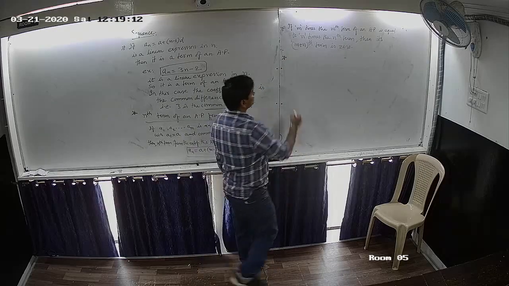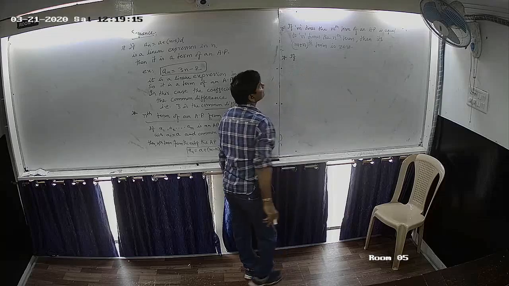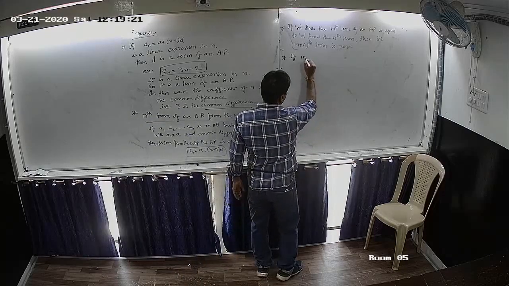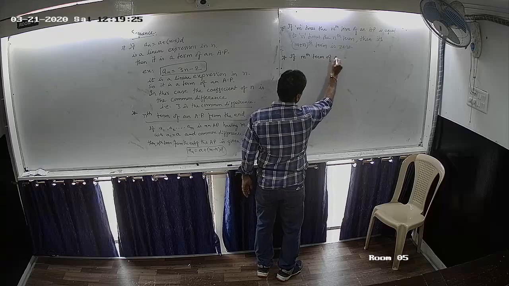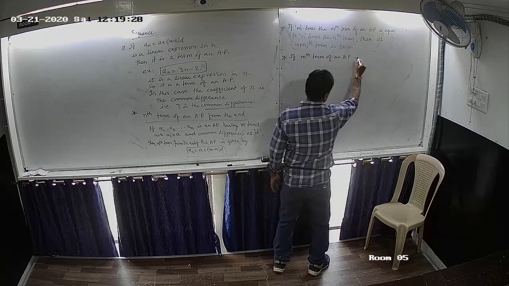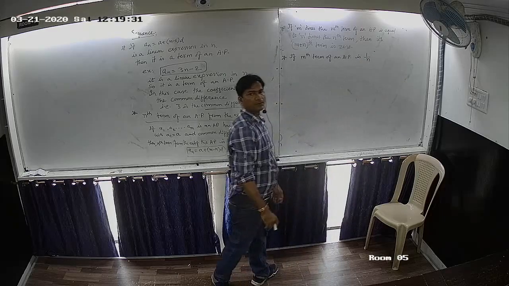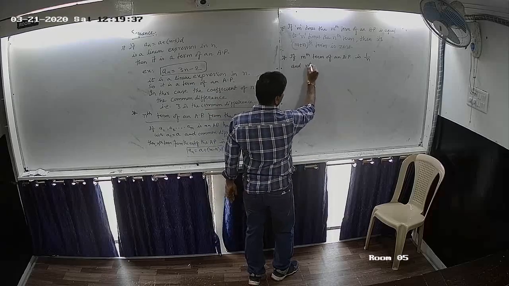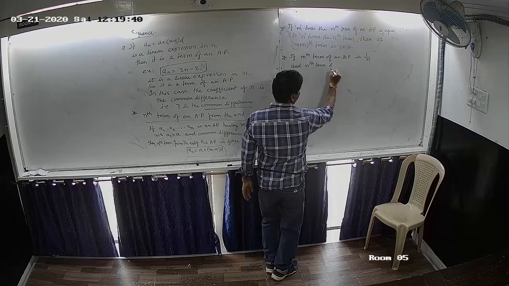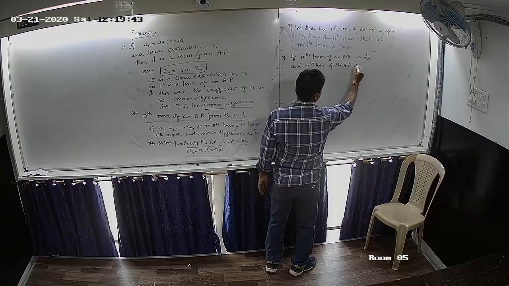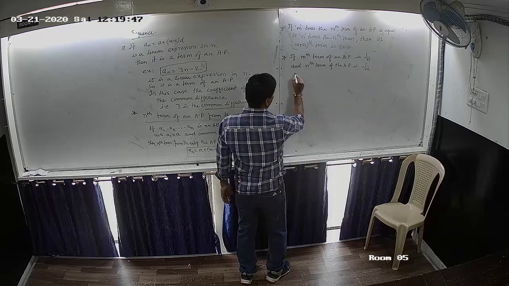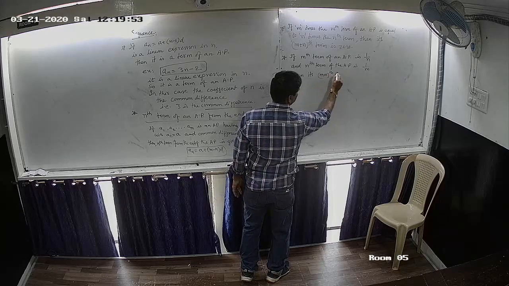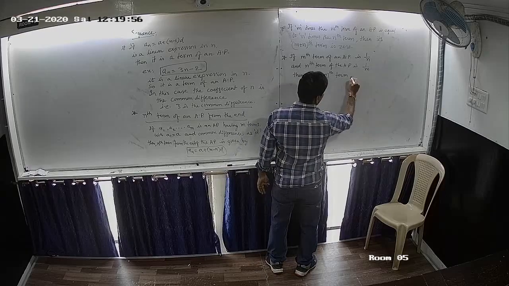Next result, if the mth term of an AP is 1 by n, and nth term of the AP is 1 by m, then its mnth term is 1.